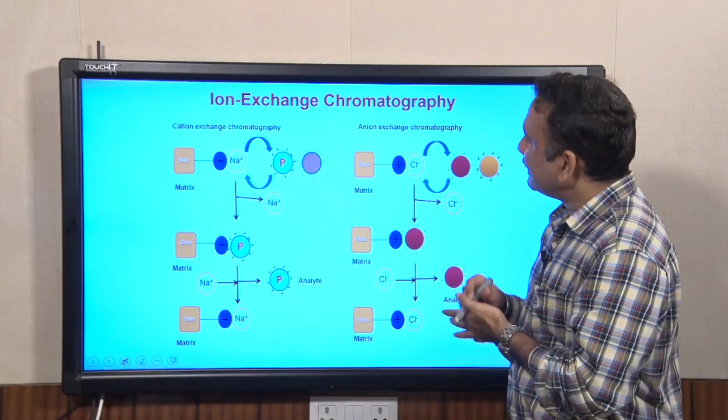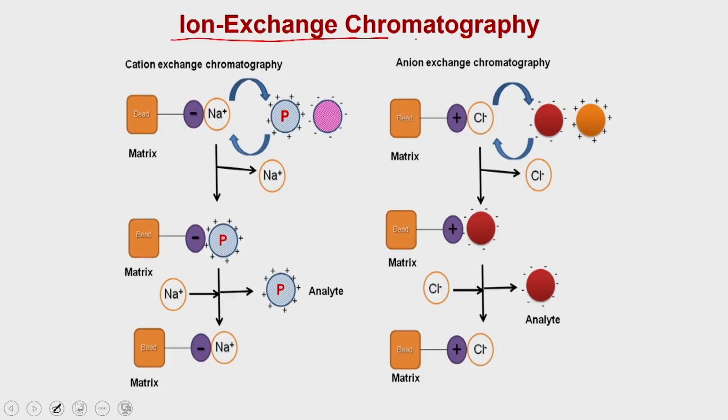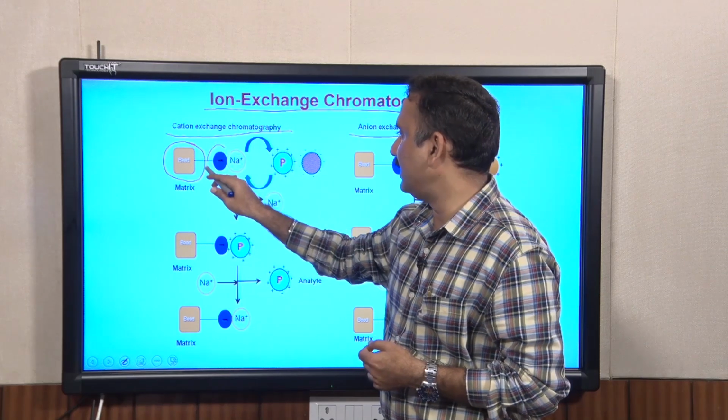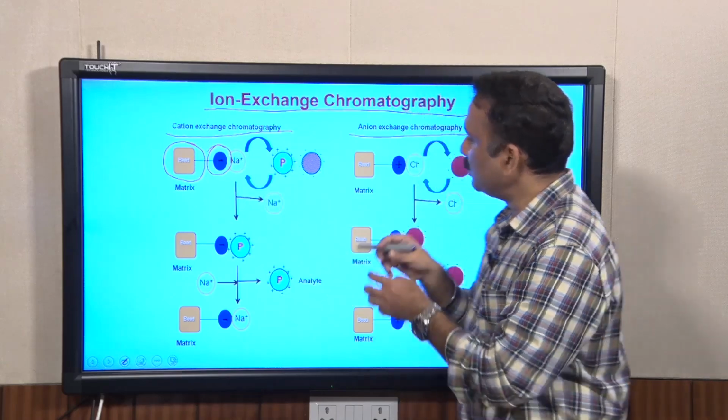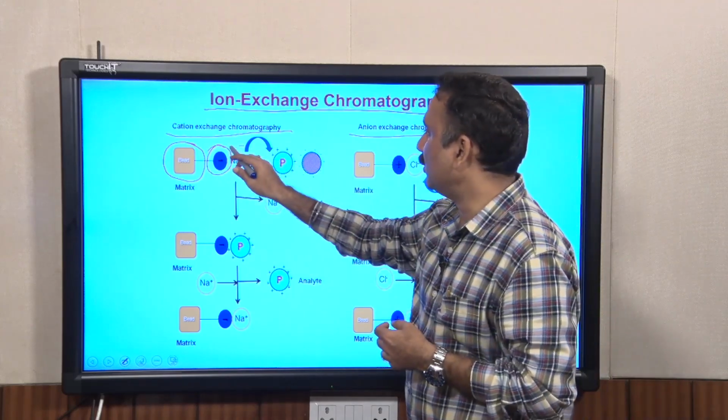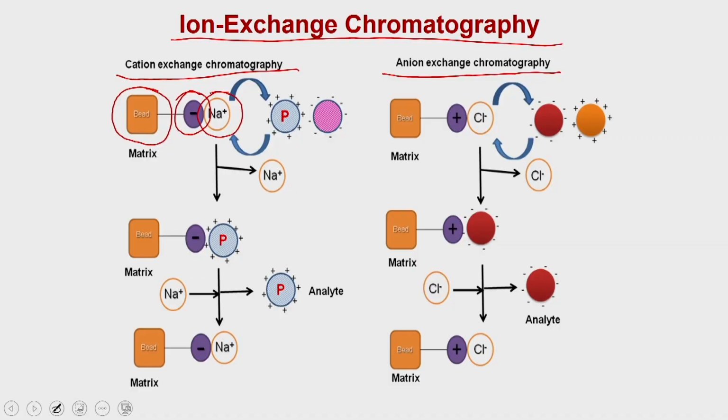So, ion exchange chromatography can be of 2 types: cation exchange chromatography or anion exchange chromatography. Now, for cation exchange chromatography, you have a matrix with a negatively charged functional group, onto which sodium, which is positively charged, is immobilized.